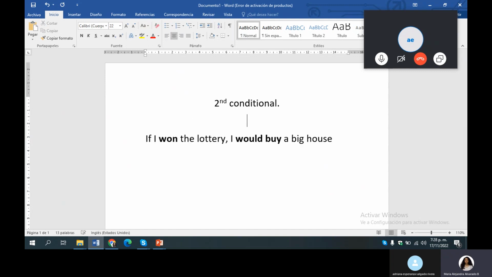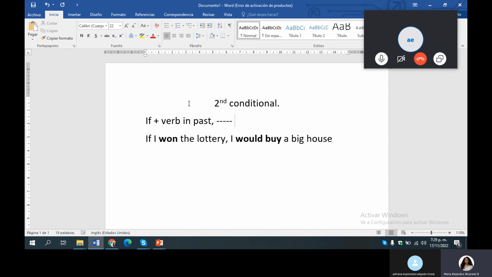So the rule is basically if plus verb in past, and then we have the other part of the sentence. Let's put this in.